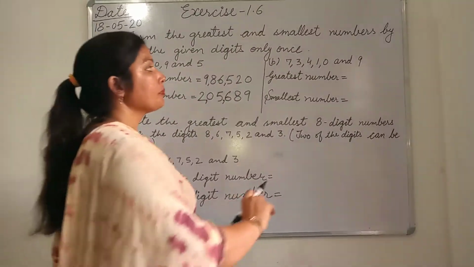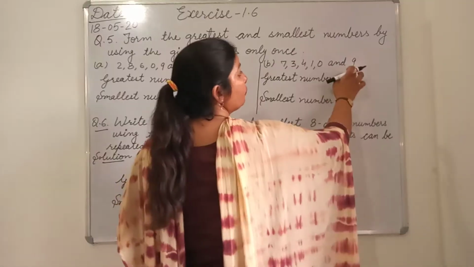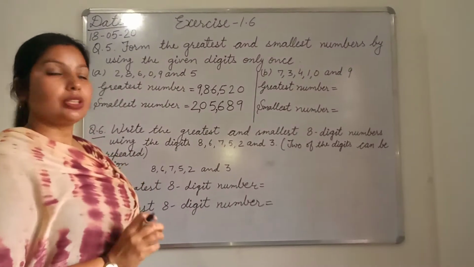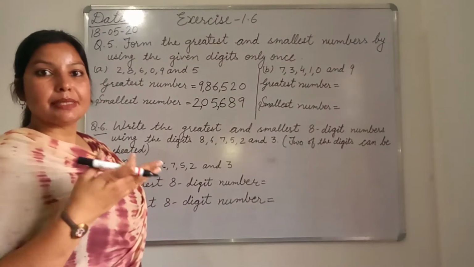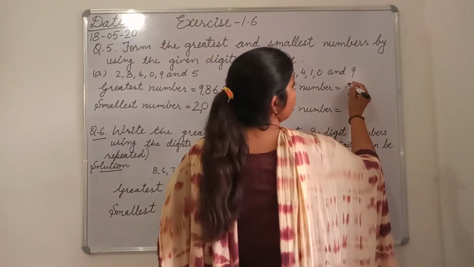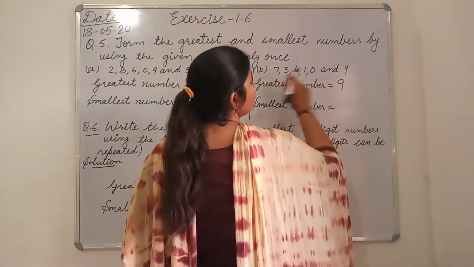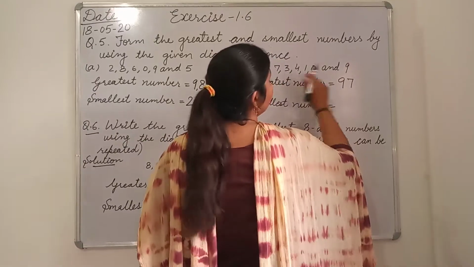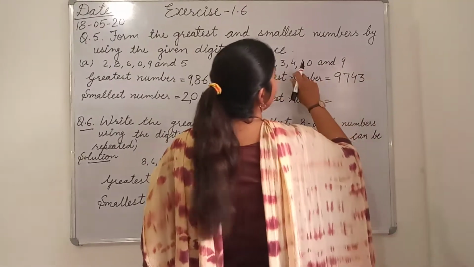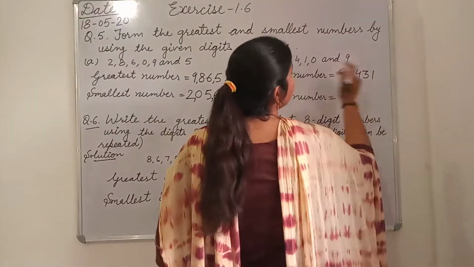Now it's B part. There is given 1, 2, 3, 4, 5, 6. There are also 6 digits given. So the same way you should arrange in greatest and smallest number. So for the greatest number, which is the greatest? 9, then 7, then 4, then 3, then 1 and then 0.